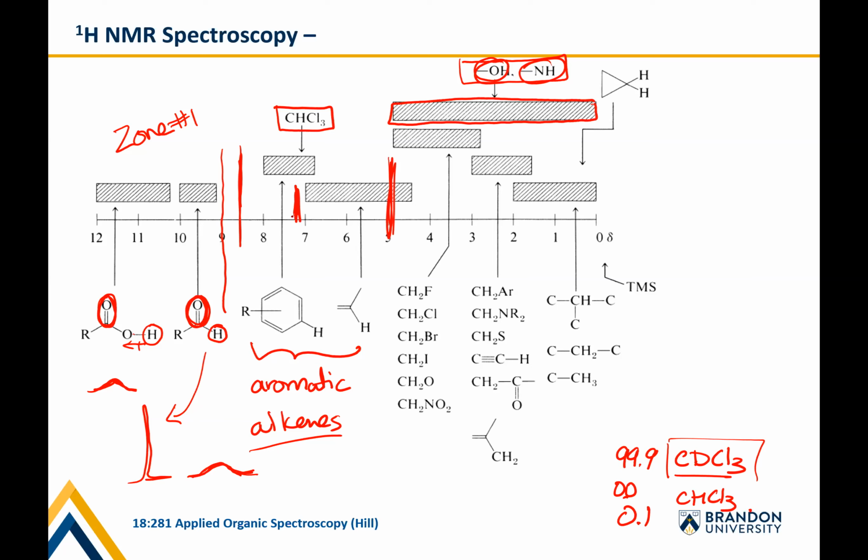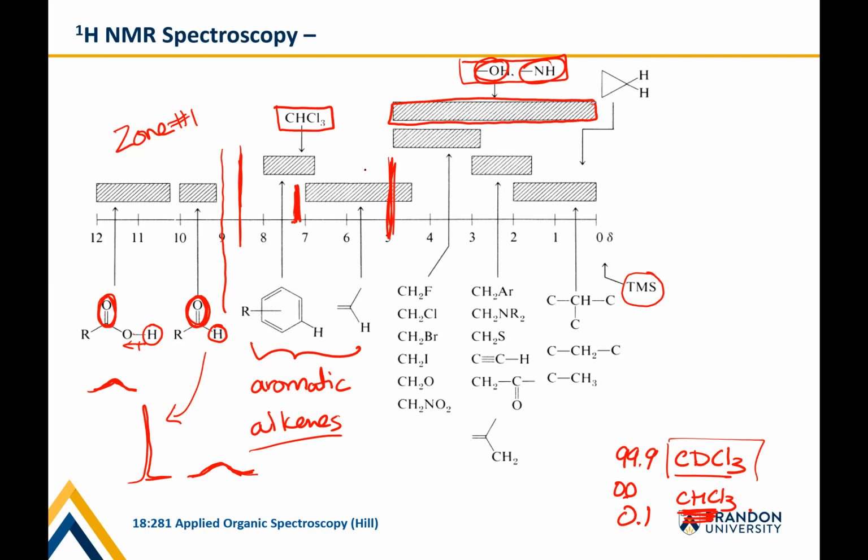In Fourier transform spectrometers, rather than putting in a reference at TMS, the reference is actually the residual chloroform coming out at 7.2.